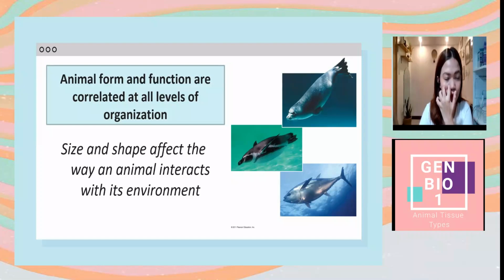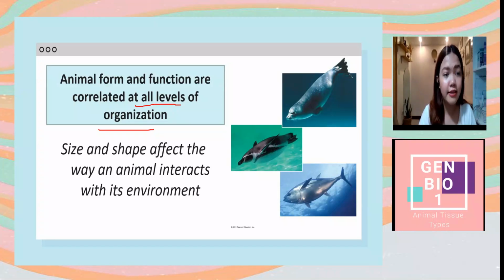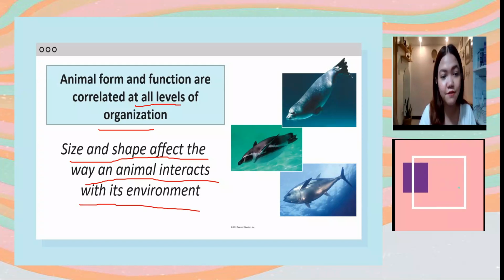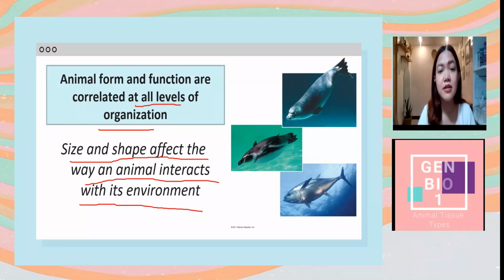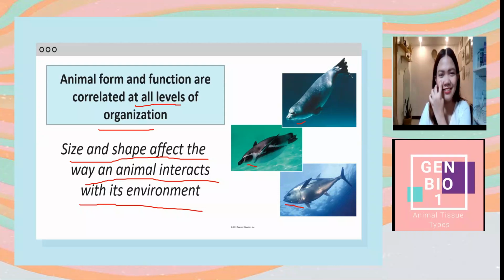Okay? So the animal form and functions are correlated at all levels of organization, and the size and shape affect the way an animal interacts with its environment. Say for example, you have these organisms: your penguin, your tuna, and a sea lion.